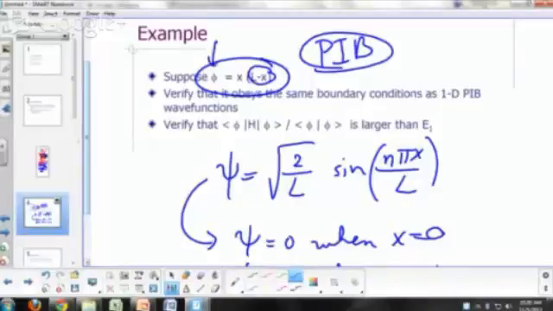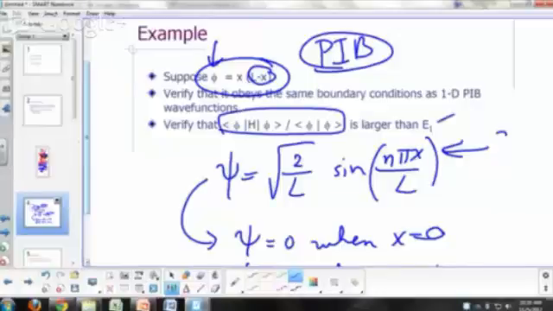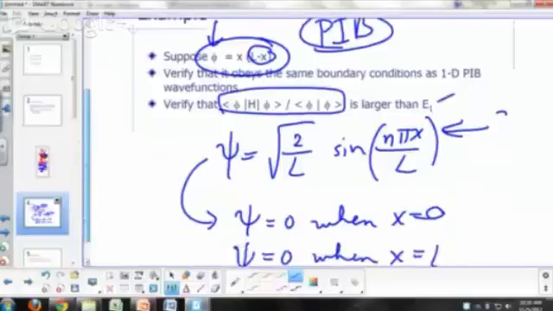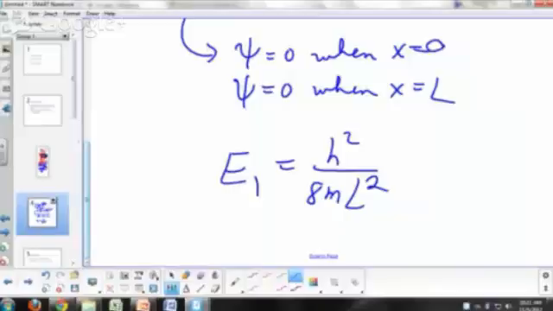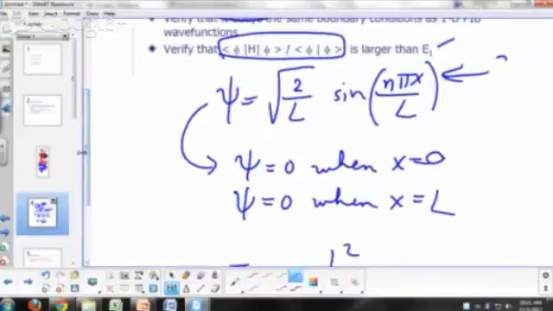So we can use this as our trial function, our guess. Okay, let's pretend we didn't know that these are the solutions. Let's verify that if we take this integral right here, it's going to be larger than E1. What's our E1 here? It's h squared over 8mL squared, right? So you need to take that integral.